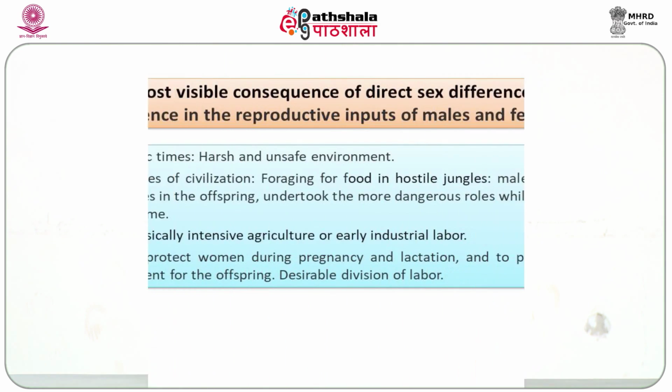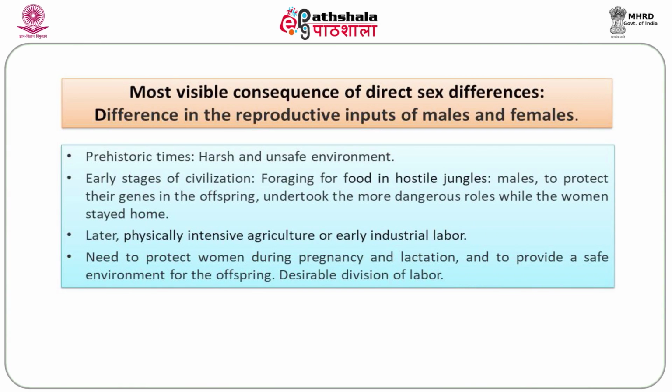The most visible consequence of the direct sex differences are differences in the reproductive inputs. And if we go down in history and we see the prehistoric times where the environment was very harsh and unsafe, then foraging for food in hostile jungles was very difficult.